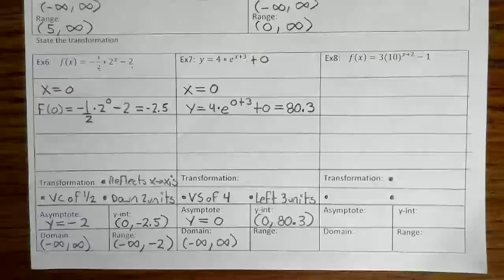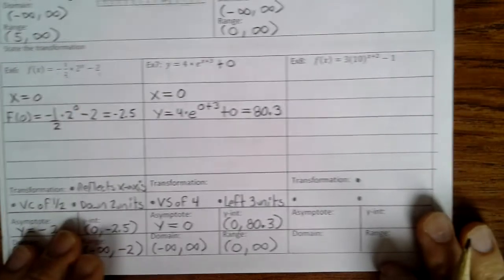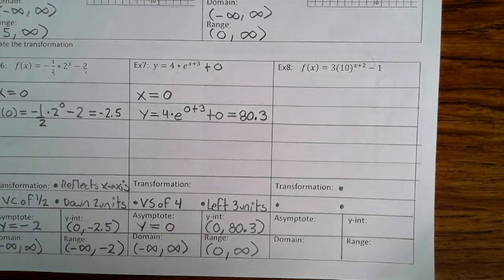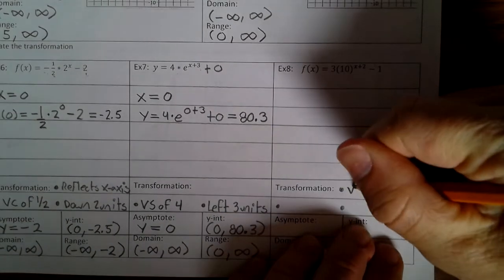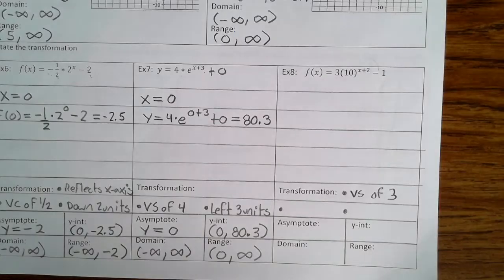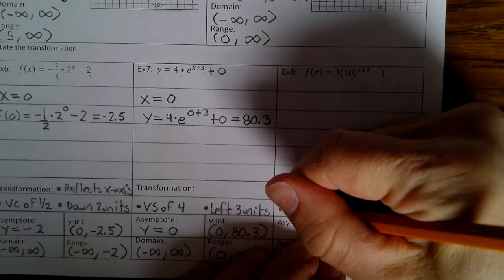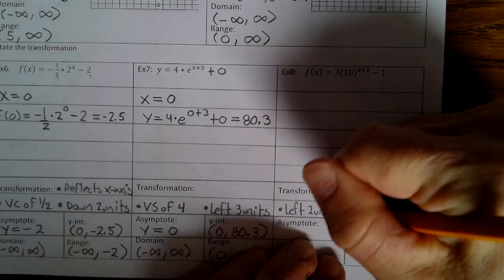All right, example 8. Okay, so transformations, I count 1, 2, 3. So you have a vertical stretch of 3. You have left 2 units, and then you have down 1 unit. Okay, the asymptote is this number right here, so y equals -1. The y-intercept is when x is 0, so x equals 0.